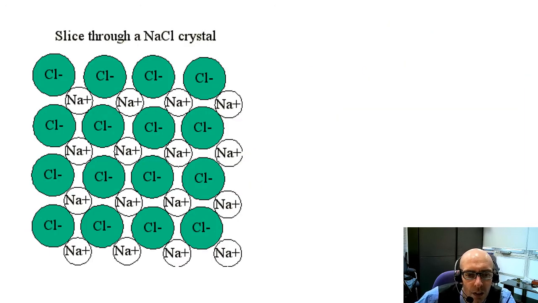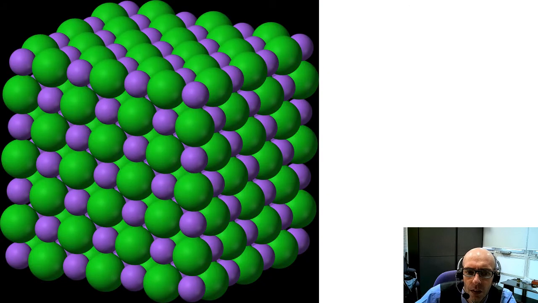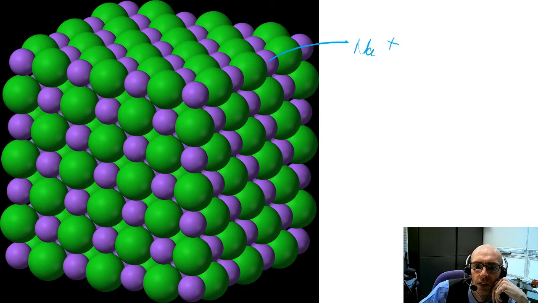Here's a drawing that I did earlier. Obviously I did it myself freehand. Exactly the same, the sodium and chlorines. So this is just showing what one layer would look like in that crystal structure. However, you saw my attempt to draw a 3-dimensional shape, not quite as good as this, but every single one of them is an Na+, and every single one of those green ones is a Cl-.